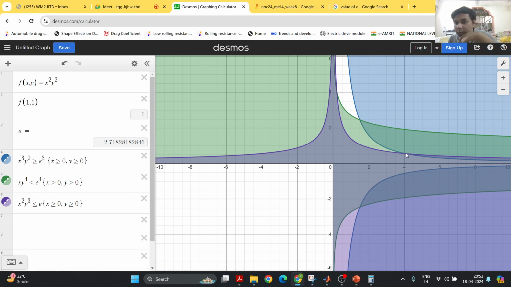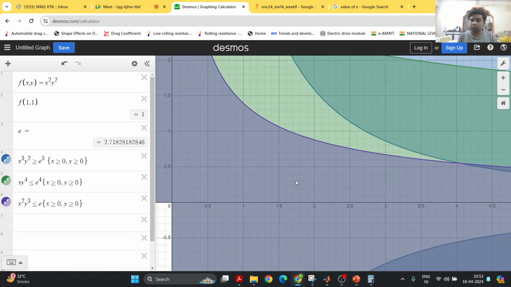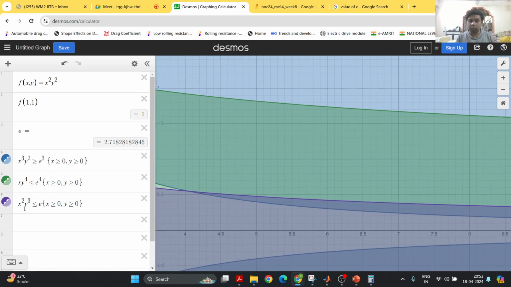But yeah, basically the corner points, what we can see is the feasible region looks like only this much. Only this patch, which is between here.